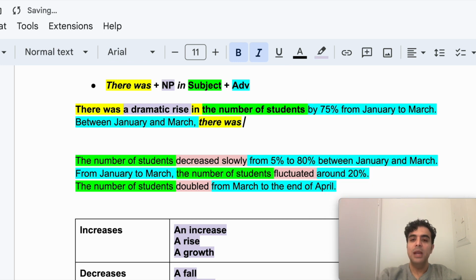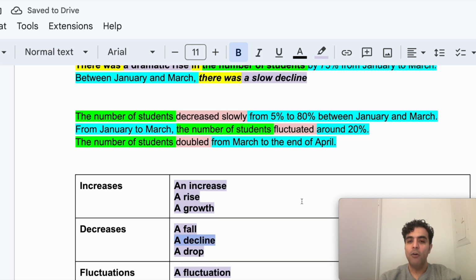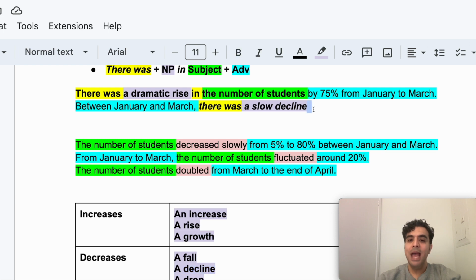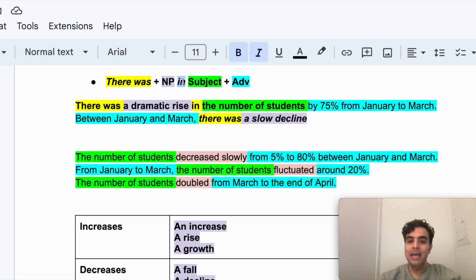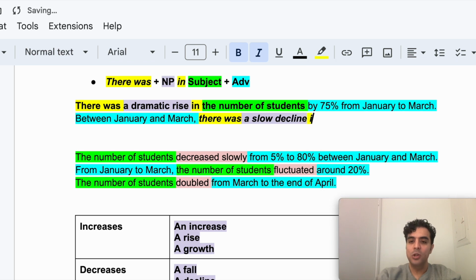I'm changing it into a noun. So I'm going to say there was a slow decrease, or there was a slow decline. Remember, decline was also a verb that I could use. And then what do I need to say? I need to say in something. So here, I'm going to say there was a slow decline in, and then the subject will be repeated.